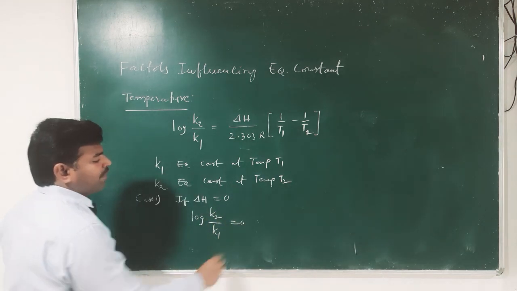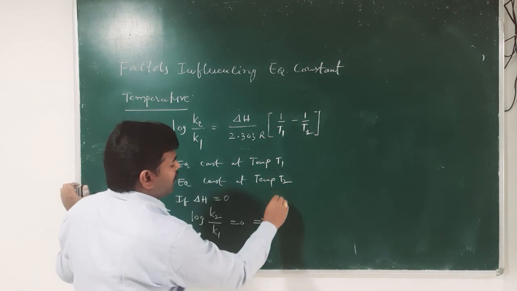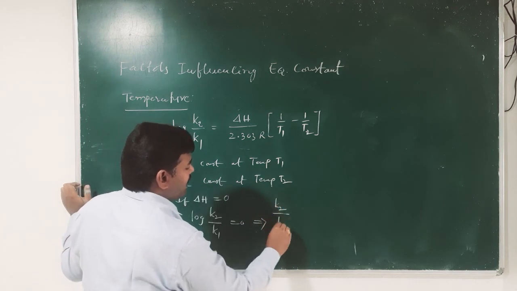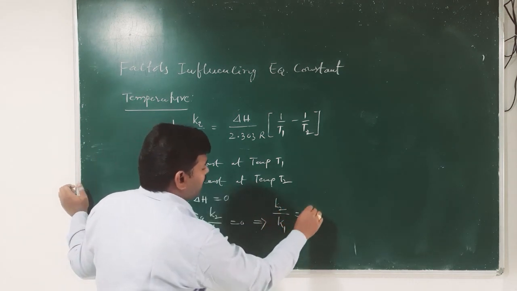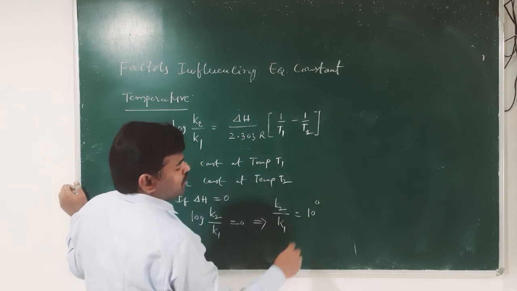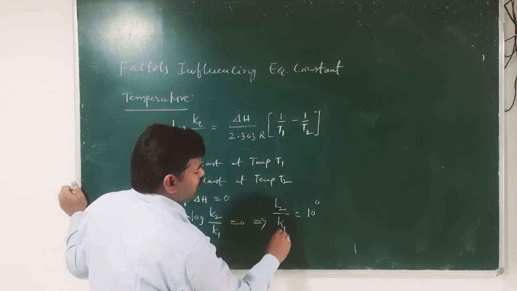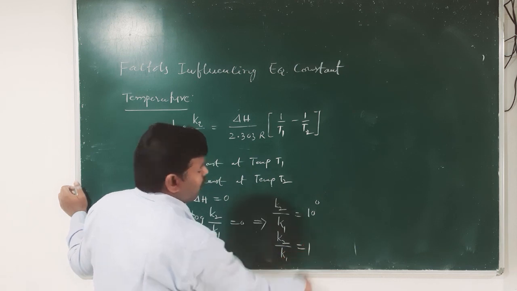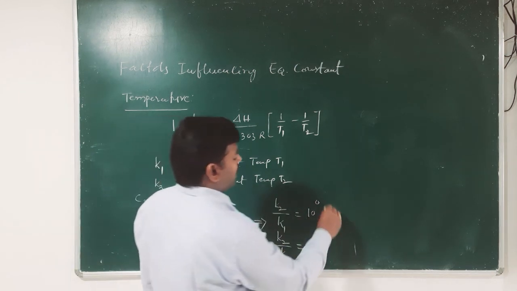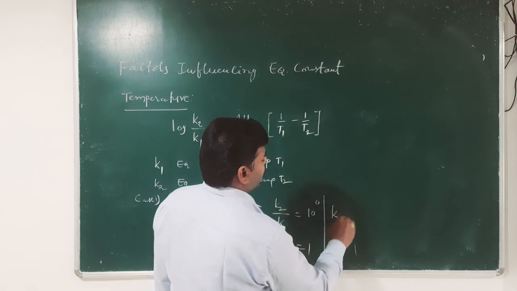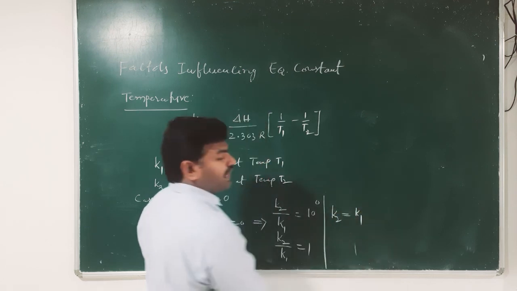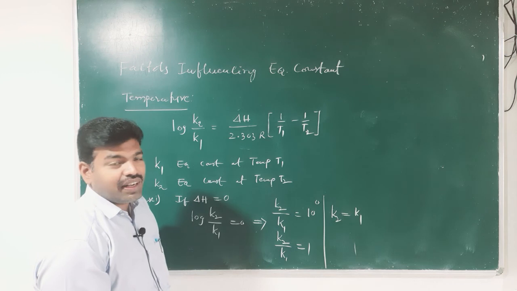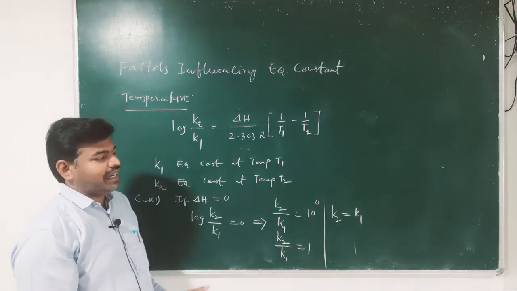That implies K2 by K1 is equal to 10 power 0. 10 power 0 is equal to 1. So K2 by K1 is equal to 1. Therefore K2 equals K1.